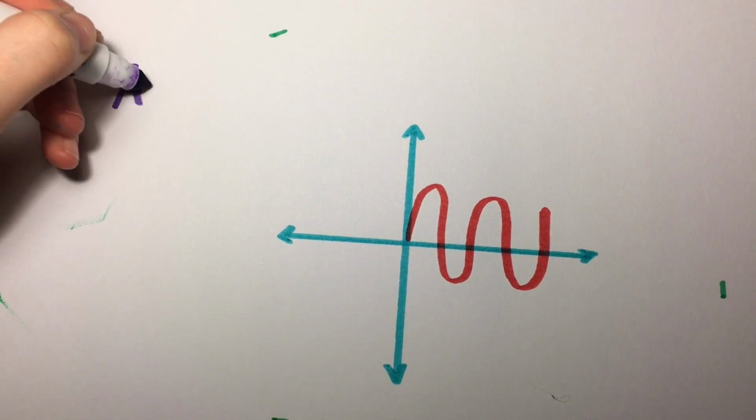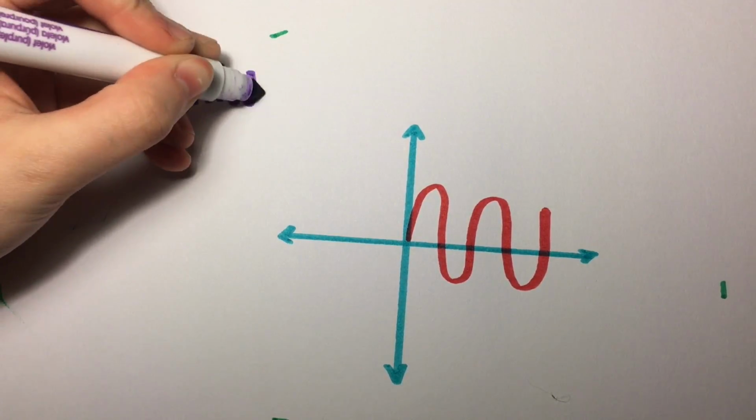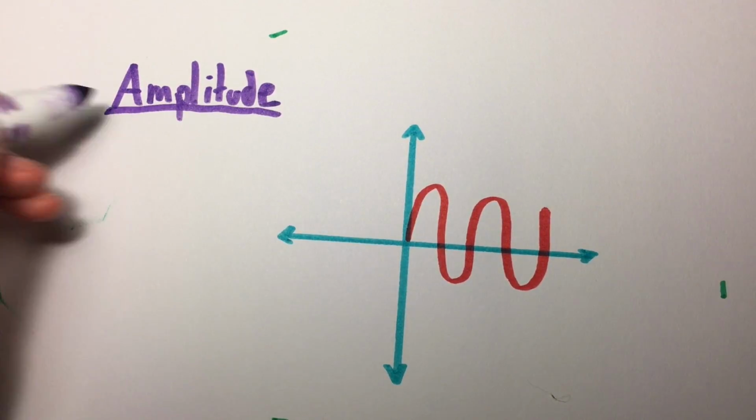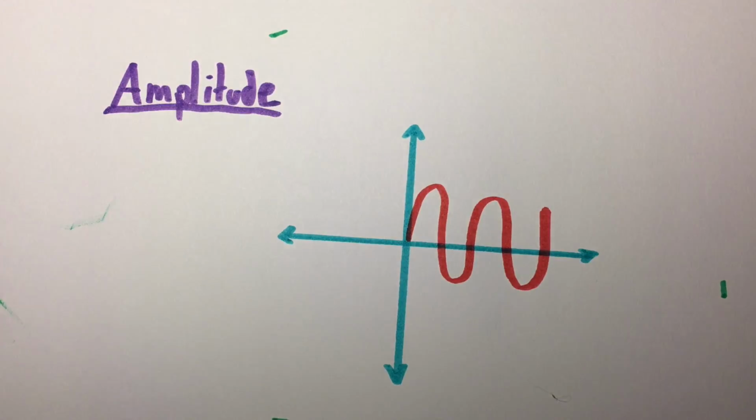Now we're going to look at another element of our trig function, which is amplitude. Like period, amplitude can be used to manipulate and describe a trigonometric function. Amplitude describes the length or height of each wave.